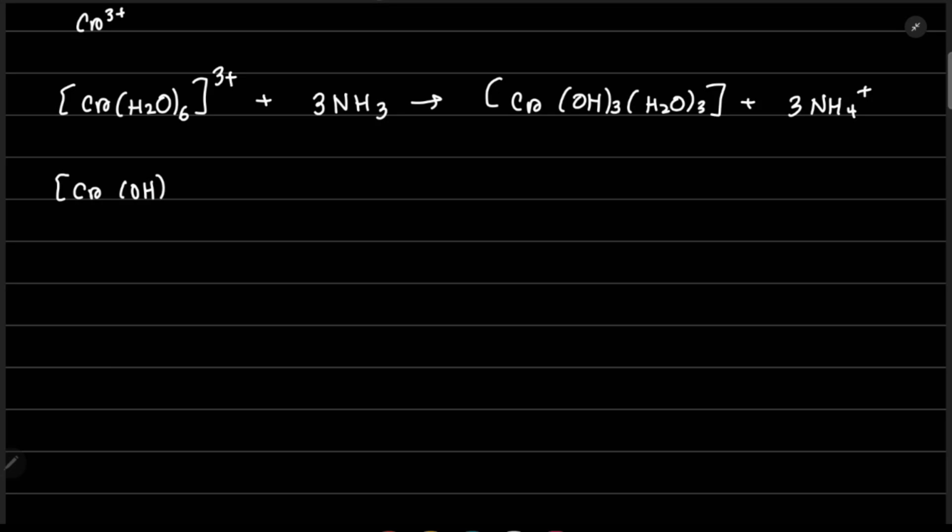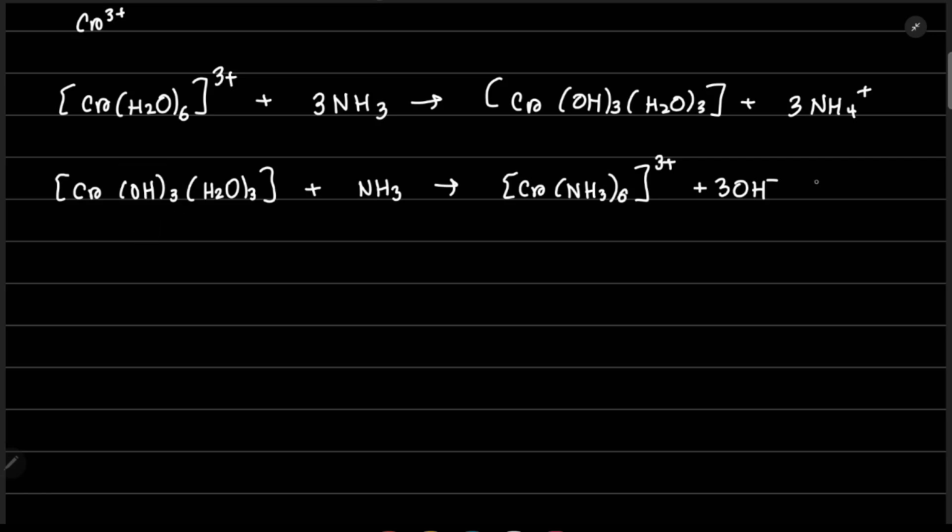So if I show that, we have Cr(OH)3(H2O)3 solid plus ammonia. This will form [Cr(NH3)6]. The charge of the chromium central ion is 3+. The charge of each ammonia is 0. So this is a charge of 3+. Then we'll have 3OH- over here plus 3H2O leaving from here.